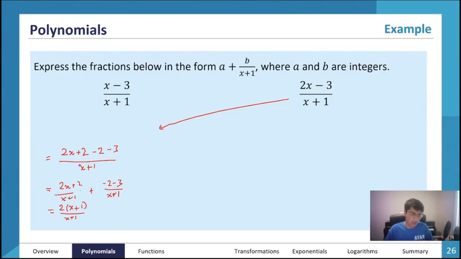And now you can see there, because I chose to introduce a plus 2 in the numerator earlier on, I've ended up with 2 linear factors that I can just cancel out, and that's going to become a 2 in our next line of working. Here on the right, we're going to get minus 5 over x plus 1. So our final answer is 2 minus 5 over x plus 1. So there you go. Again, if you have any questions regarding that, please feel free to ask.